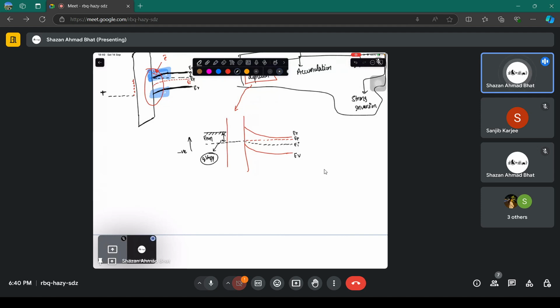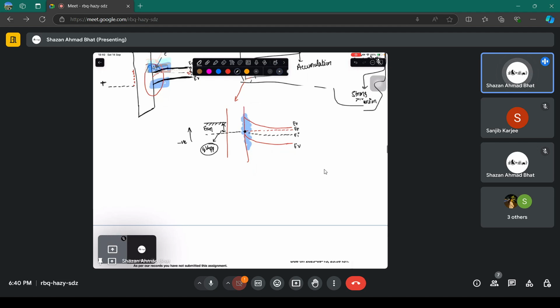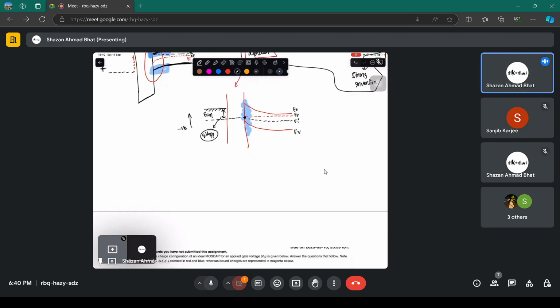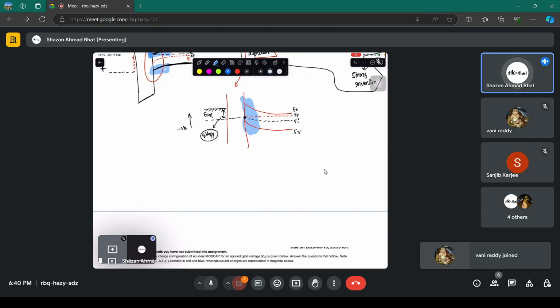Okay, now what happens is that you see that this particular region, the intrinsic level touches the Fermi level at the surface. It means that this particular region near the surface has become p-type rather than n-type. But inside the bulk here, it is n-type.